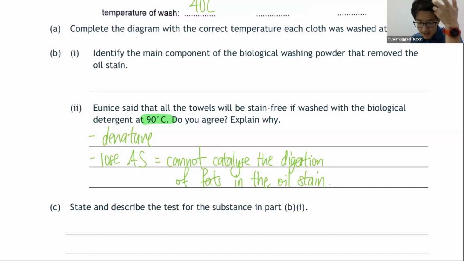Come, Raylene. What is the test that you think it should be? Why Biuret? Why test for protein? Read the question. In B part 1, what did we write over here? Lipase.